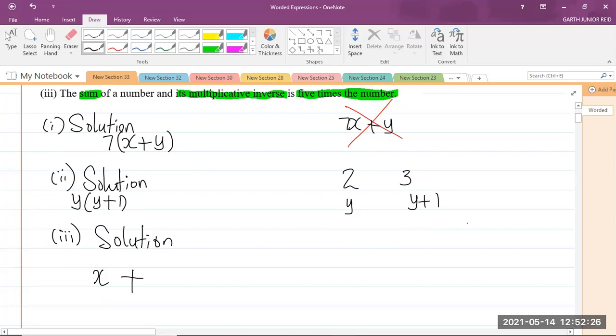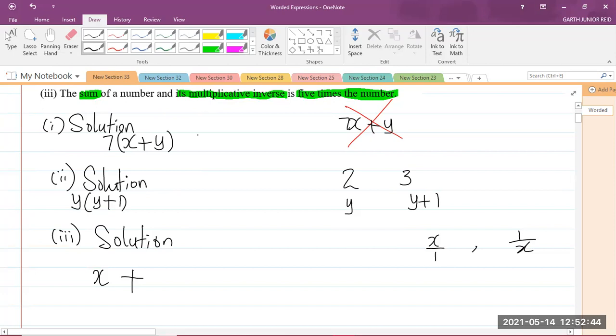If you have x, then the multiplicative inverse is going to be 1 over x. You can write the x as x divided by 1, and the reciprocal of that is 1 divided by x.